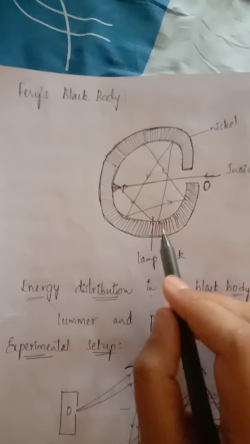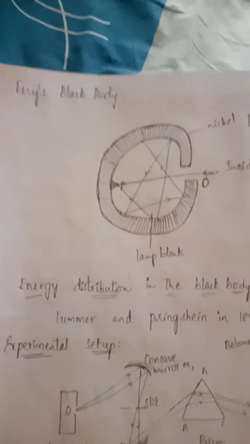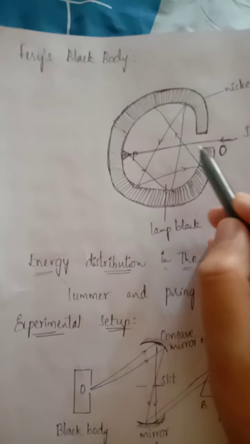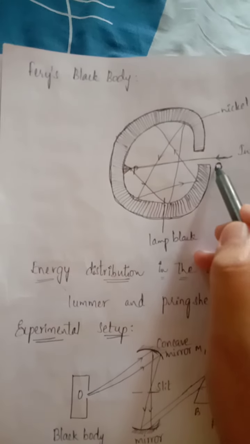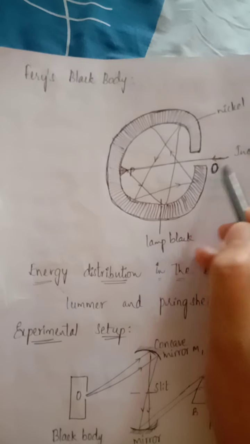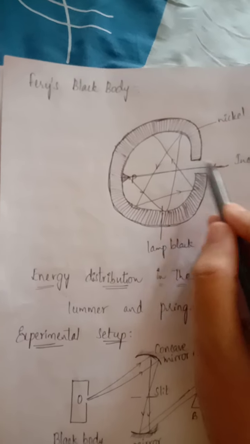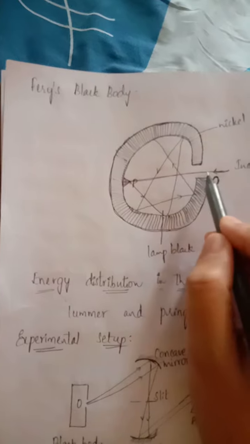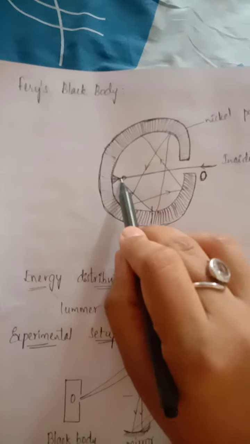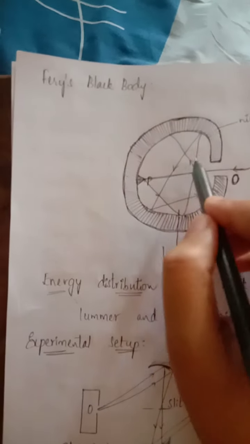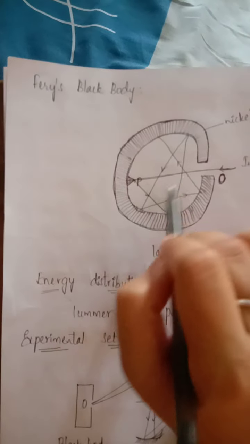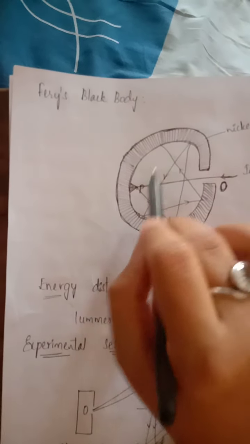You know the lamp black, okay? Here O is a small hole, and P is the projection point which is opposite to O. The whole space is free space.